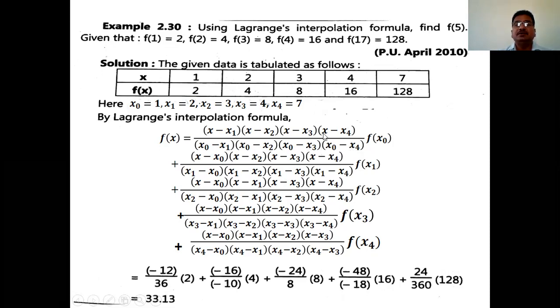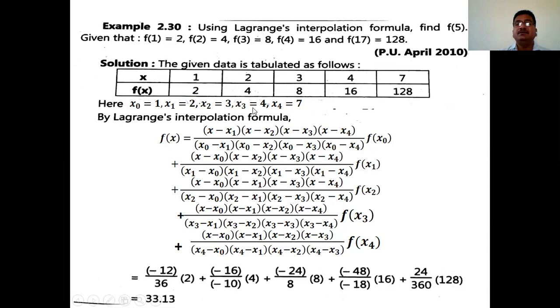Okay, so these are the brackets, into f of x naught. So in the numerator, there is no x minus x naught. So again, what is the second term? Plus the second term. x minus x1 is not present in this numerator. What are the terms? x minus x naught, x minus x2, x minus x3, x minus x4, divided by x1 minus x naught. Why are the terms up to x minus x4?